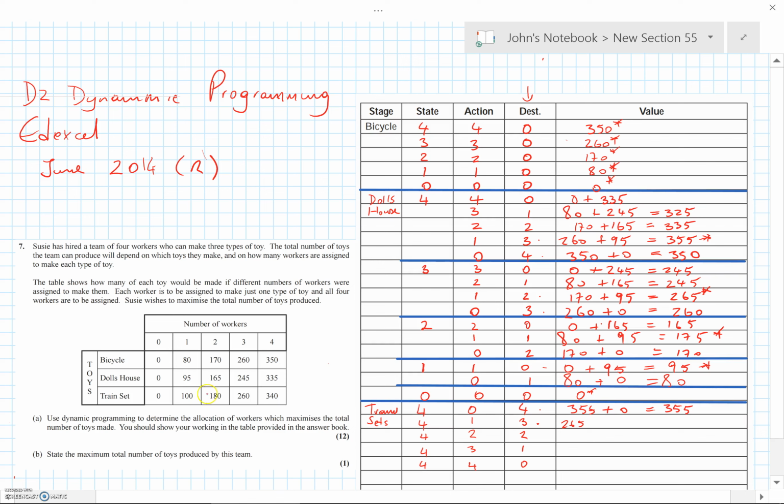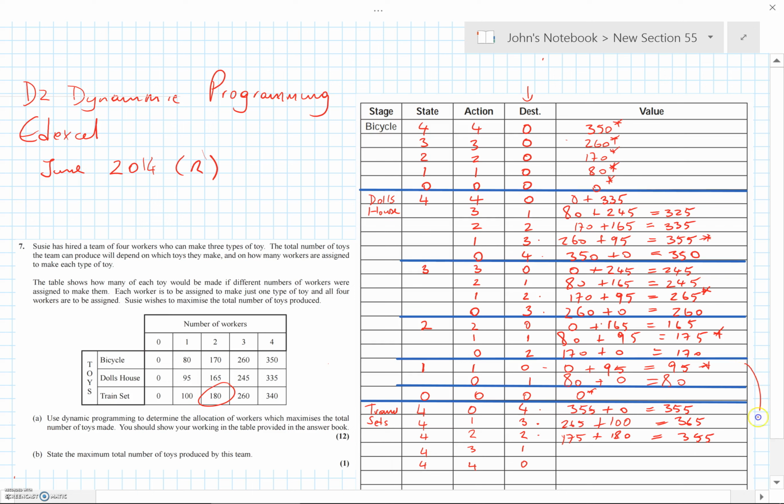In which case 1 person is doing train sets, that's plus 100. So that's 365. Okay, and then if the destination is 2, we're pulling down the 175 from before. In which case 2 are doing train sets, that's 180. So that's 355.